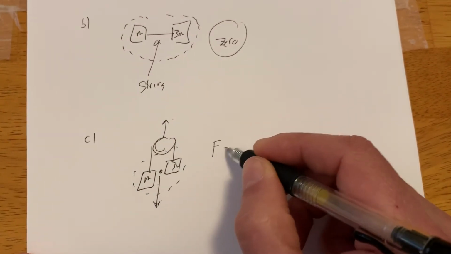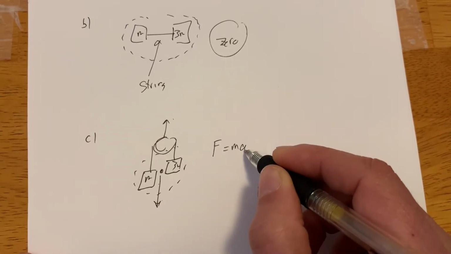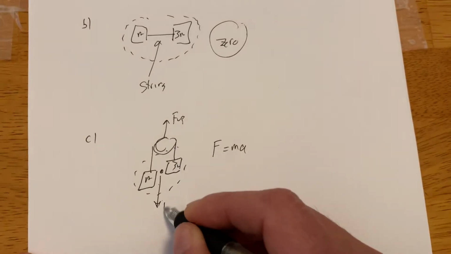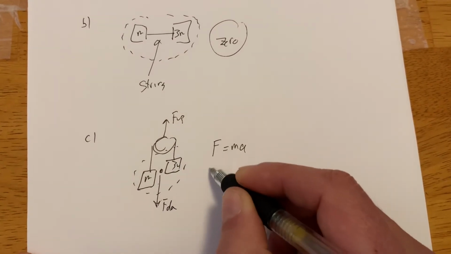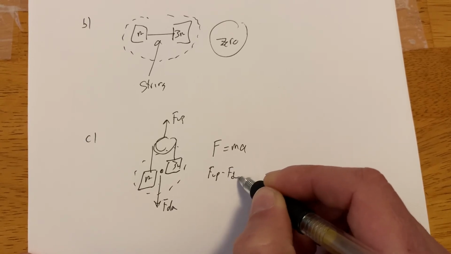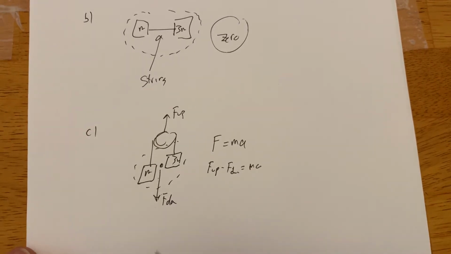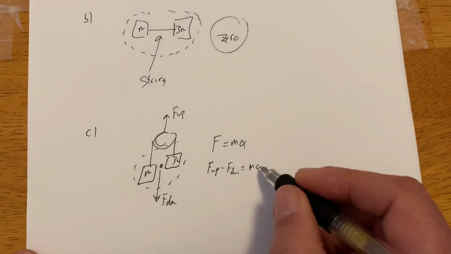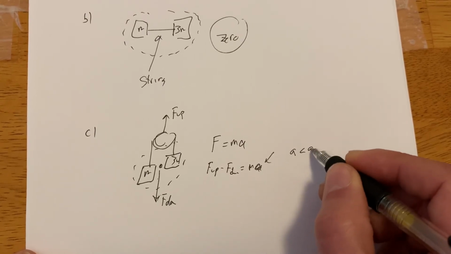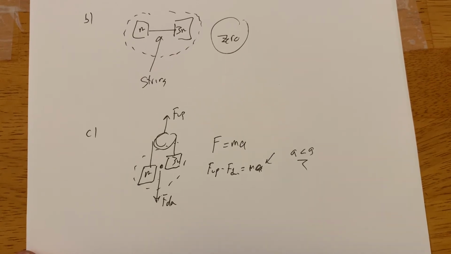So if I said F is equal to ma, the acceleration of the system, let's call this F up and let's call this F down. So I would have F up minus F down is equal to ma. Well, look, I have some sort of subtraction going on here. So in this particular case, this a has to be less than g. Okay? So there is my solution to number 9.